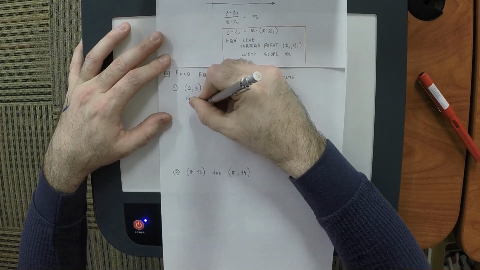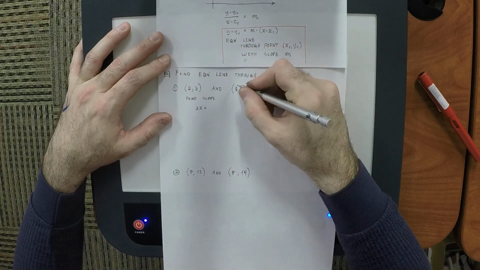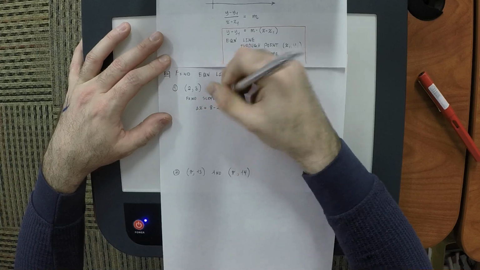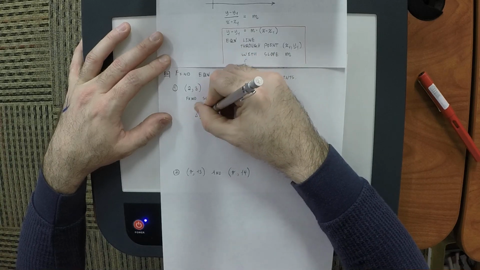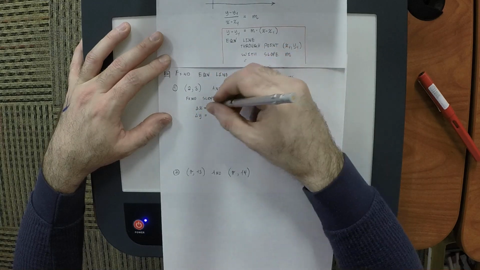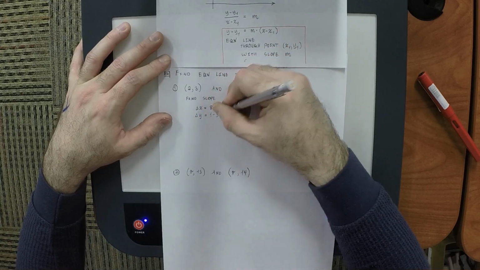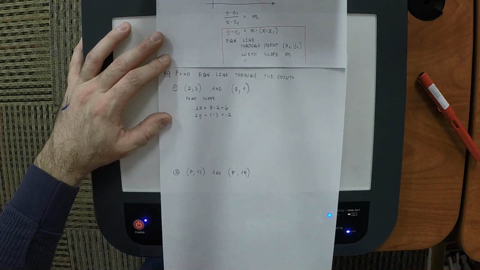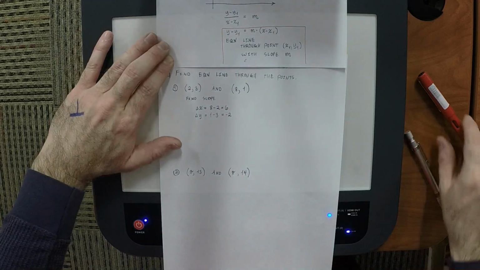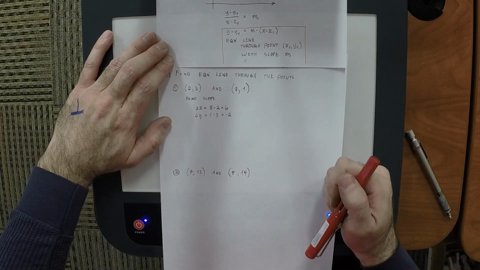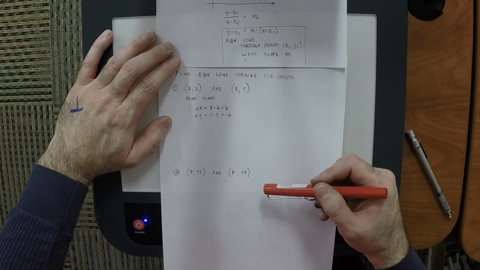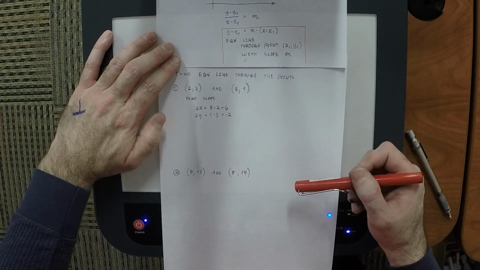Well, delta x is 8 minus 2, which is 6, and delta y is 1 minus 3, which is negative 2. Any question about finding delta x and delta y? As a result, which case are we in? The vertical case or the non-vertical case?